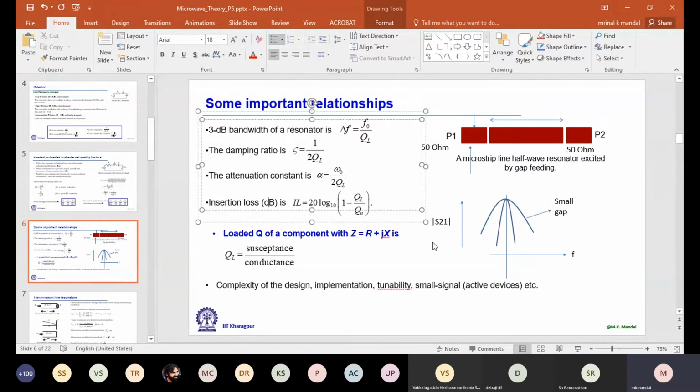Then the insertion loss we call plus 4 dB, so it is the negative of S21 in dB. Whenever we say loss, we always represent it by a positive quantity. So the negative of the magnitude of S21 in dB, we call the insertion loss. It is directly related to the quality factor of a resonator, as we explained.